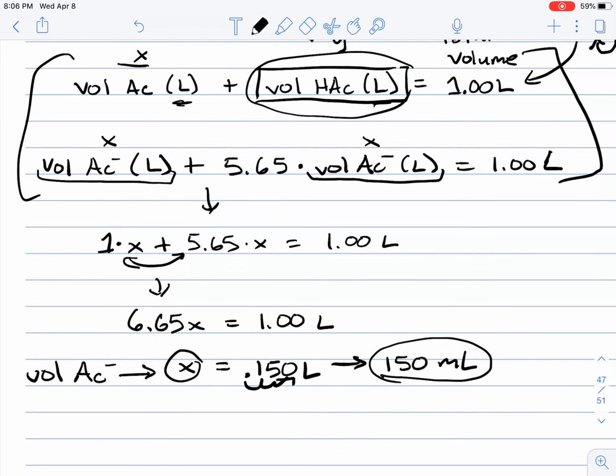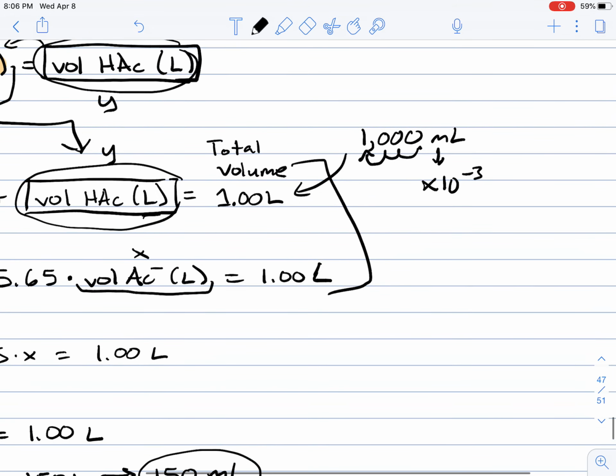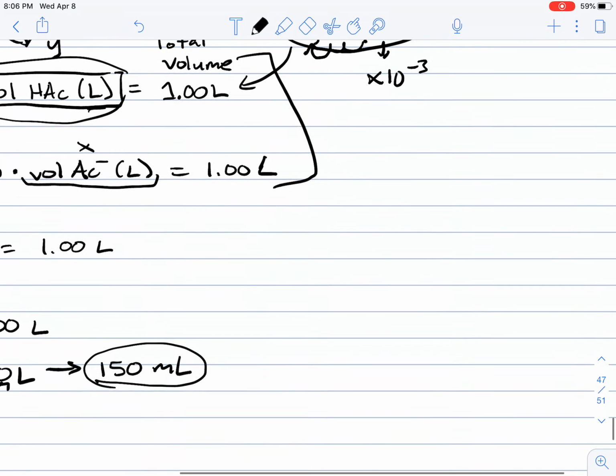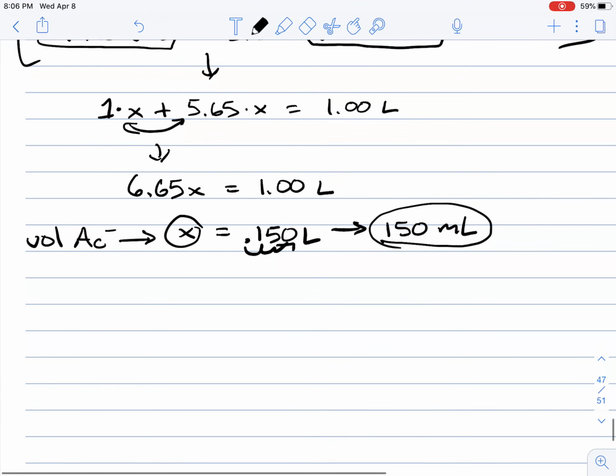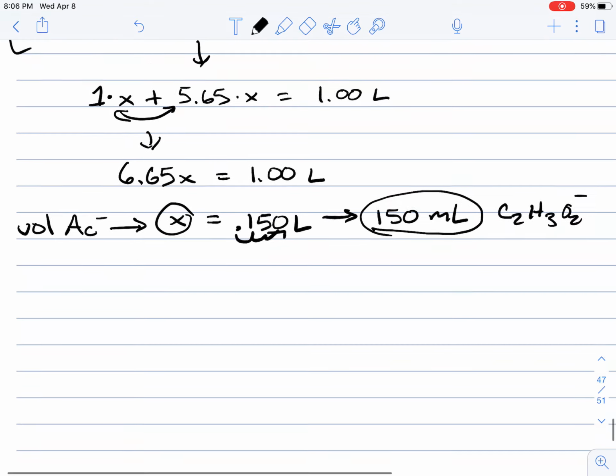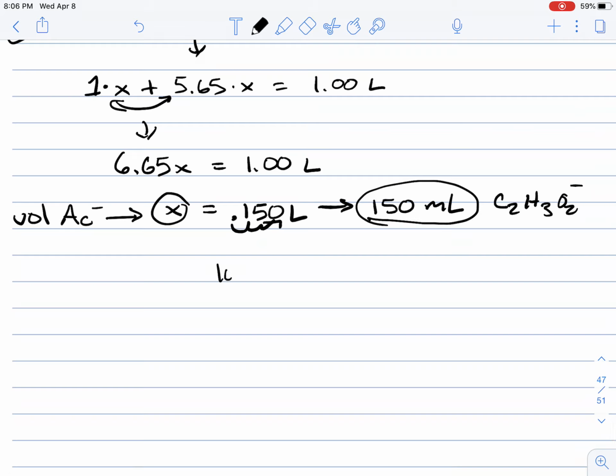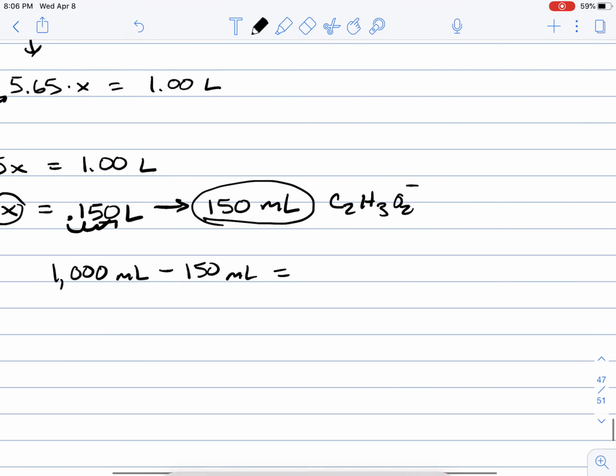If you recall, the total volume is 1,000 mL. If 150 mL is going to represent the acetate, then 1,000 mL minus 150 mL is going to represent the volume for acetic acid.